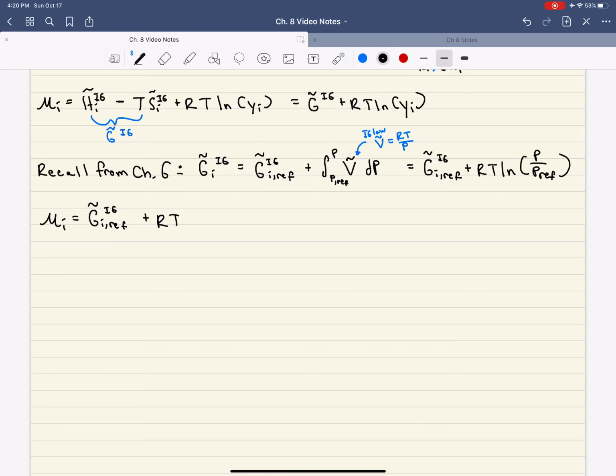So we could combine them. So now we get y_i P over P ref. And we know that this is just equal to the partial pressure. So the chemical potential of a species in an ideal gas mixture is just the molar Gibbs energy of that species at the reference state plus RT natural log of P_i over P ref.